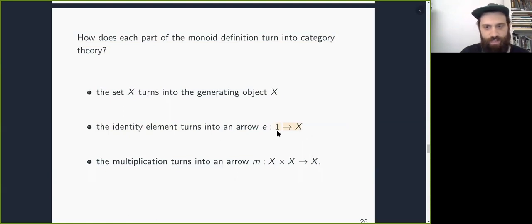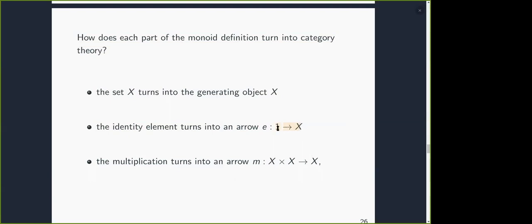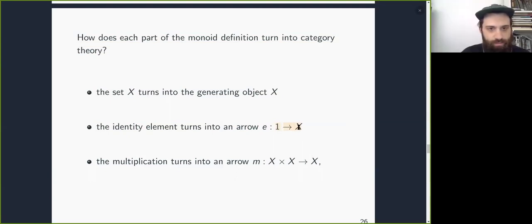It's an abstraction of the idea that if this 1 here is a single point and this x is a set, then a function just sends this single point to somewhere in X. So an arrow is essentially just picking out an element of X. Right, that's what happens in the set world, but in the abstract world of category theory, this becomes an abstraction of this idea in the set world.